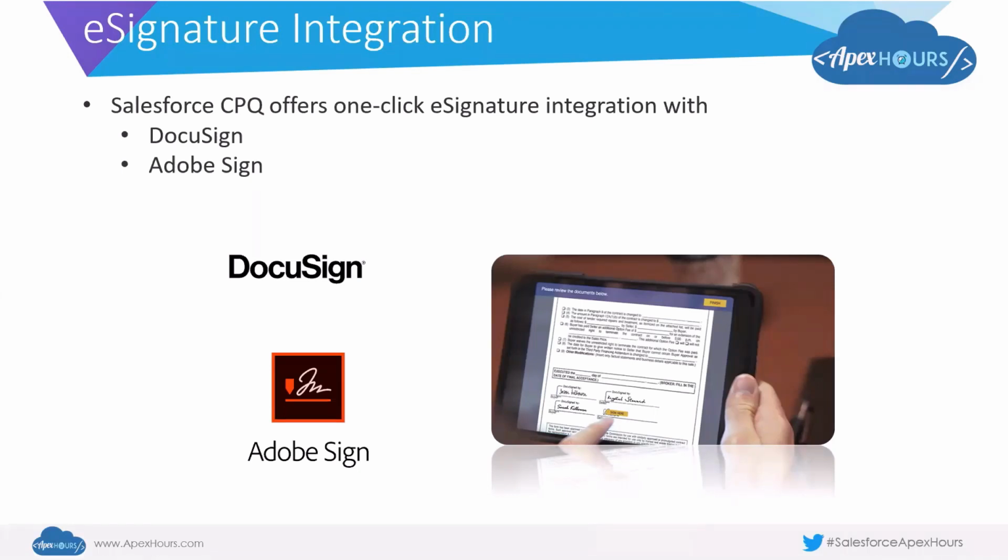There are add-on packages for Salesforce CPQ to work with these e-signature applications. Again, I urge you to look at help.salesforce articles in relation to e-signature integrations. I have not covered that in depth in this session, but there are a lot of informative articles in help.salesforce, and please go ahead and look at them in detail.